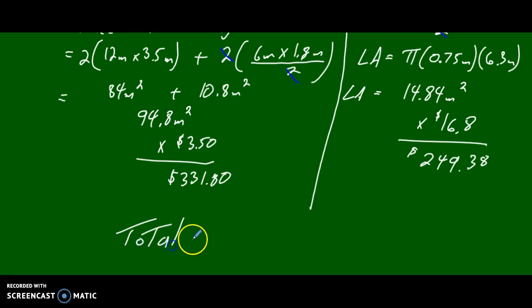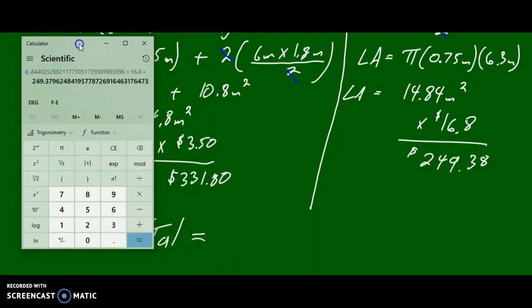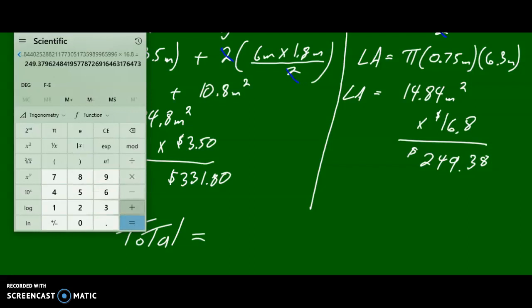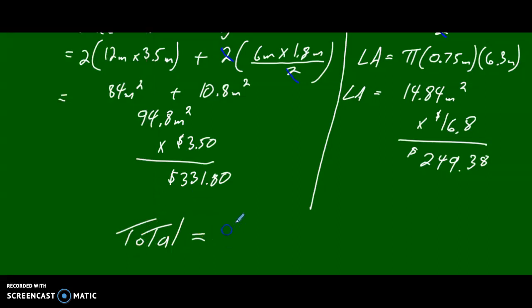The total is the wax plus the paint. 249.38 plus 331.80 equals $581.18. And that's our answer.